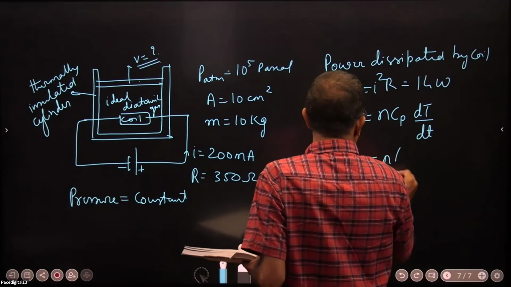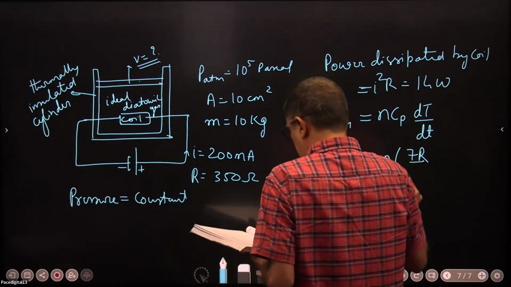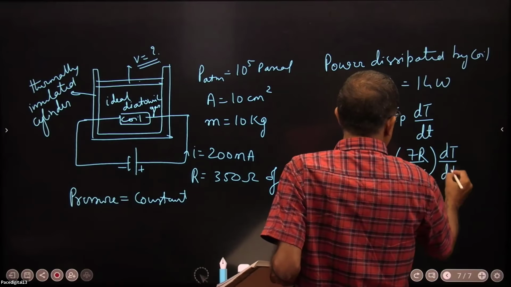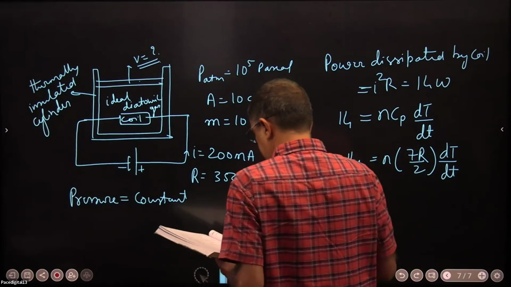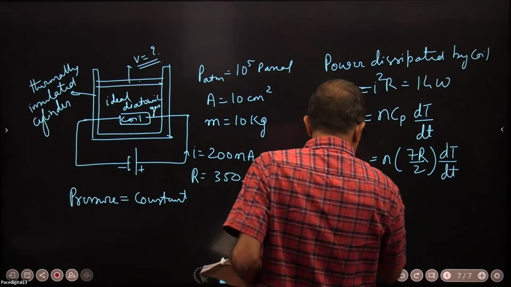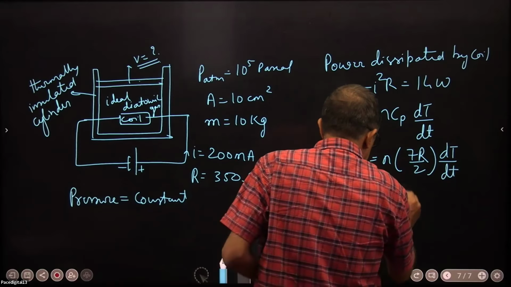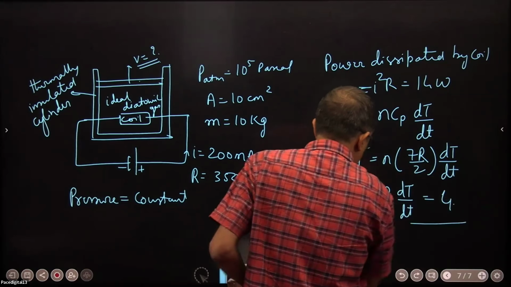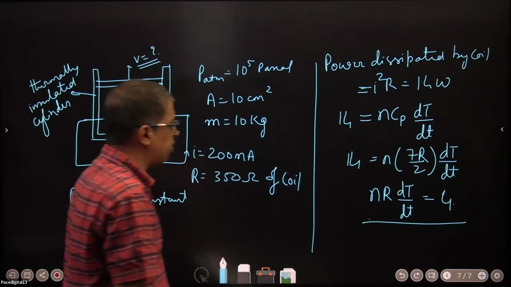This turns out to be n 7R by 2 into dT by dt equals 14. Now you get nR dT by dt equals 4. This is my first piece of information.